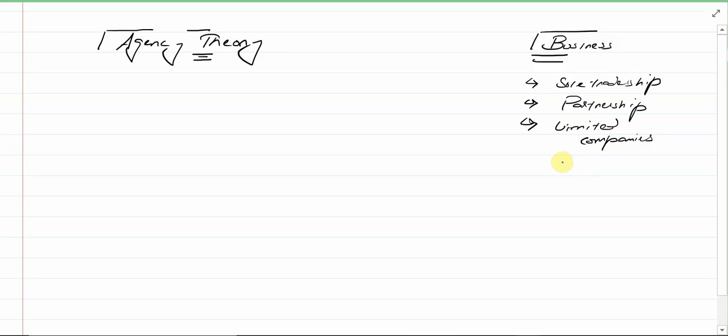And within the limited companies, we have discussed that there are two types: public limited companies, those companies whose shares are available on the stock exchange and to the general public, and then there are private limited companies.